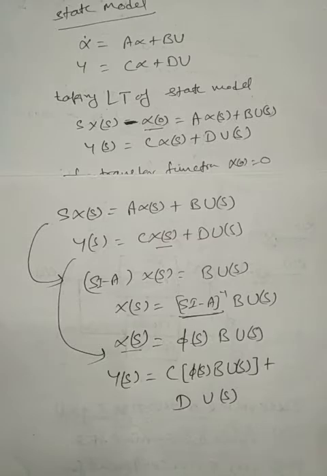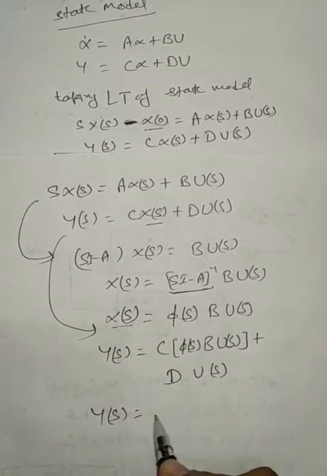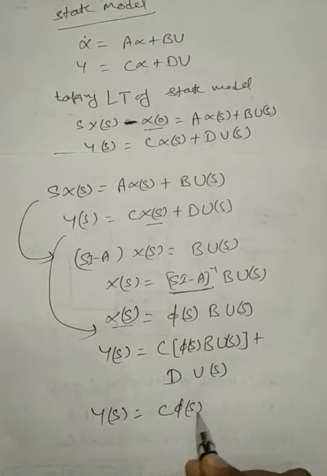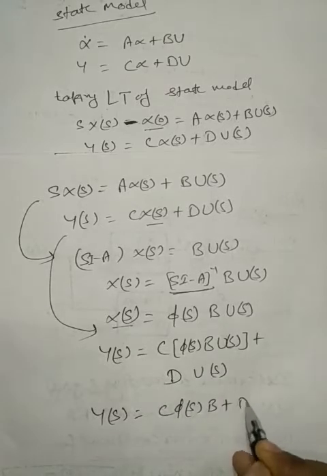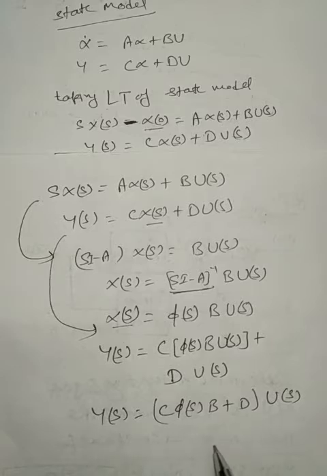And I told you, in case of single input single output, this D is 0. But this time I am taking multiple input multiple output, then Y(s) will become C phi(s) B plus D times U(s), right?